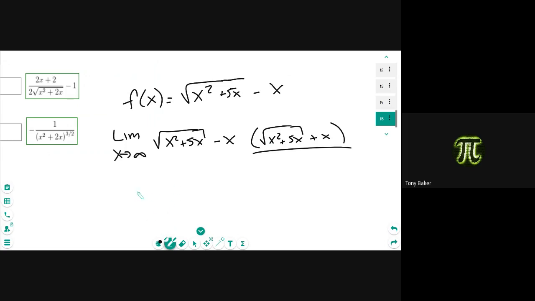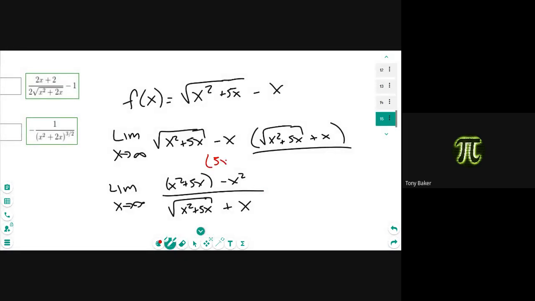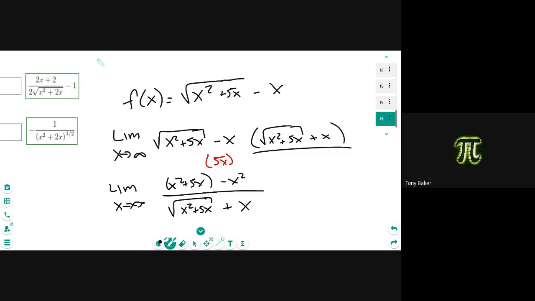So the bottom is just the square root of x squared plus 5x plus x. And my top comes out to be x squared plus 5x minus x squared, which is just 5x on the top.